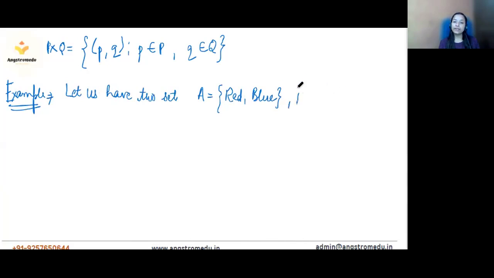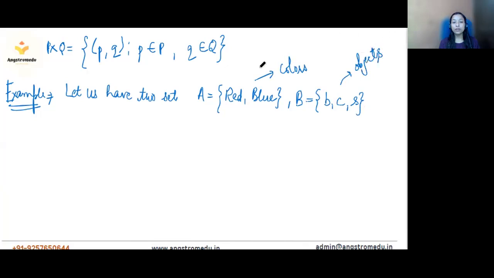And let me take another set, which is the set of objects: a bag, a coat, and a shirt. We have two sets, a set of colors and a set of objects.